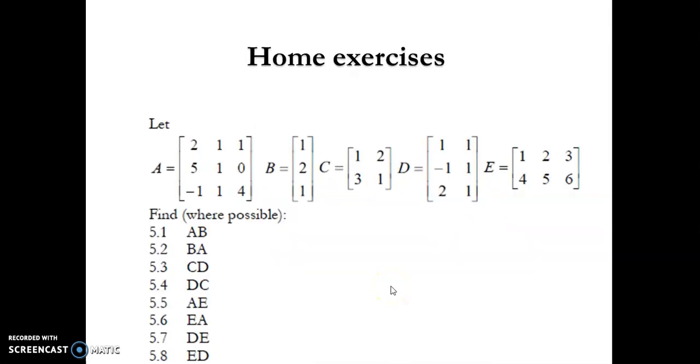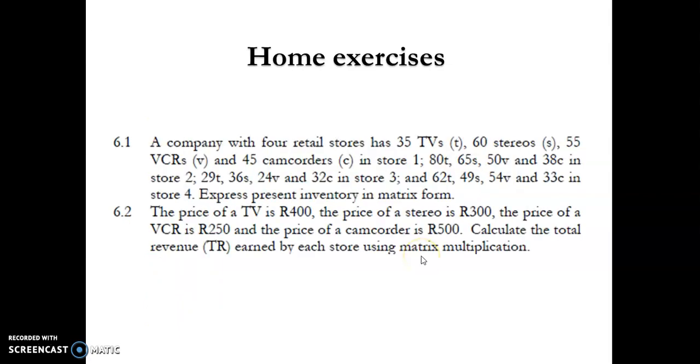Now, here we have some home exercises. Please attempt these exercises. The answers are given. You will find the answers uploaded to eCanva in the folder as well. Attempt these home exercises to see that you are on the right track.